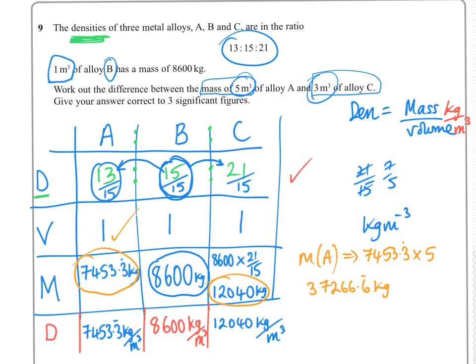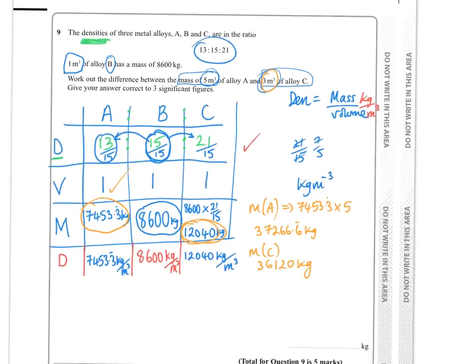kilograms. And then the mass of alloy C, 3 metre cubes of it, will be just 3 times 12,040, and I can do that in my head. So that's 36,120 kilograms. You can do it on the calculator. And what you have to do is find the difference between those masses. Okay?